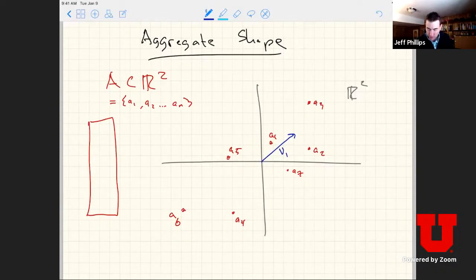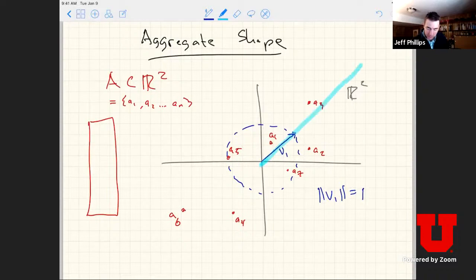Remember, the norm of V1 is going to equal 1, which means there's basically a unit circle around here, and it touches this unit circle. This is V1. And it's somehow capturing this subspace which has the most variance along it, right?